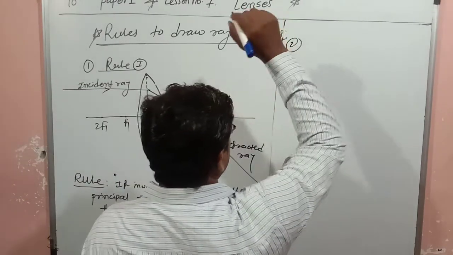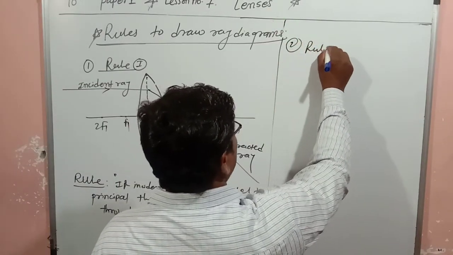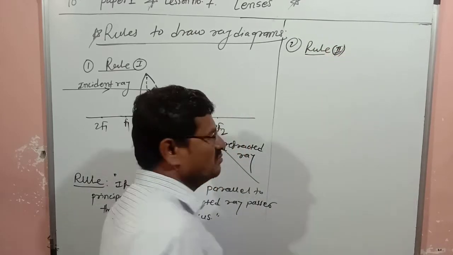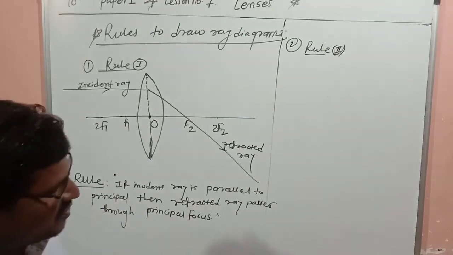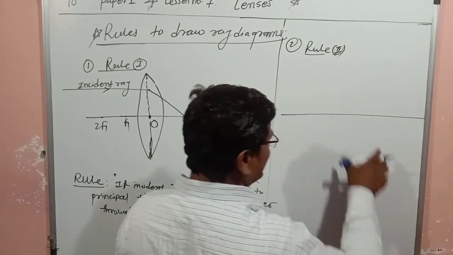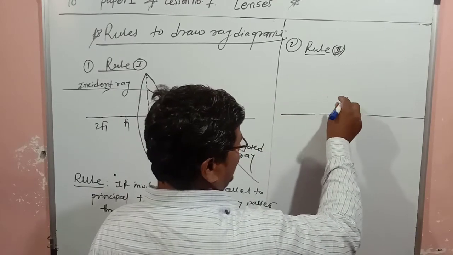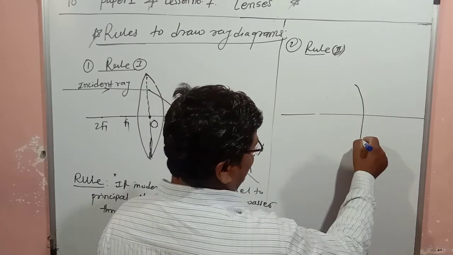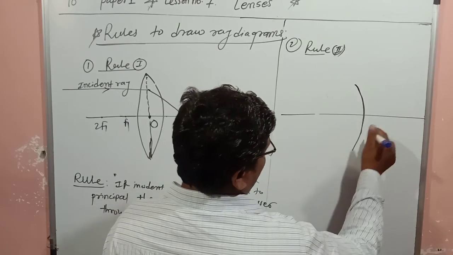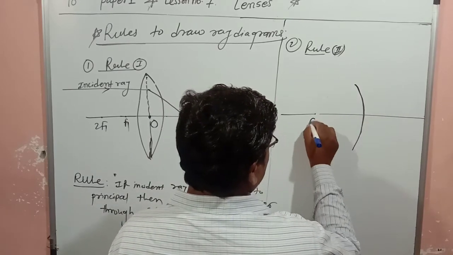That is rule number two. In that rule, first we will draw the diagram. It is opposite to this one. So first, draw one straight line, then take some distance and make one arc like this, and here will be your C1.